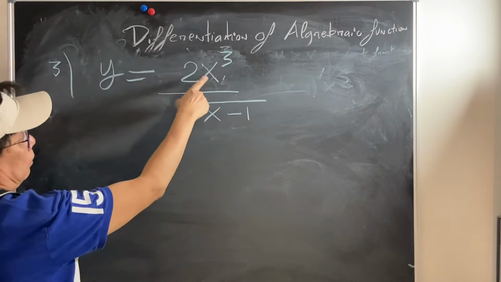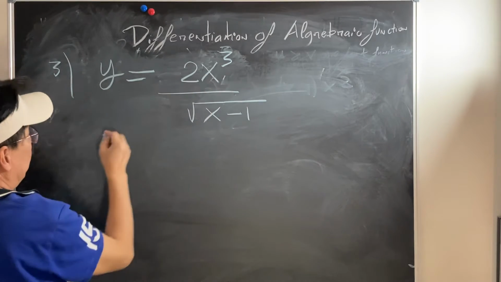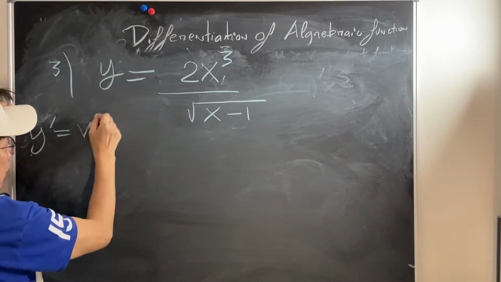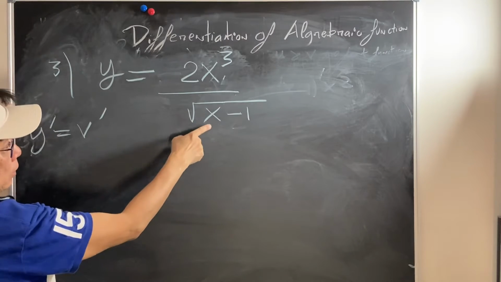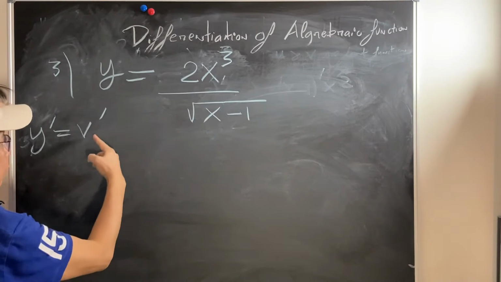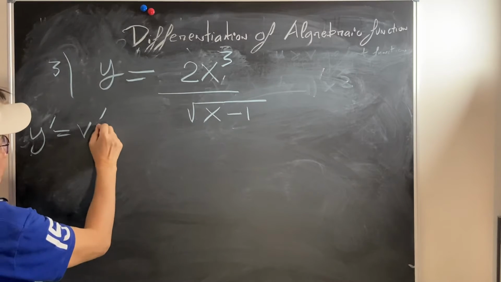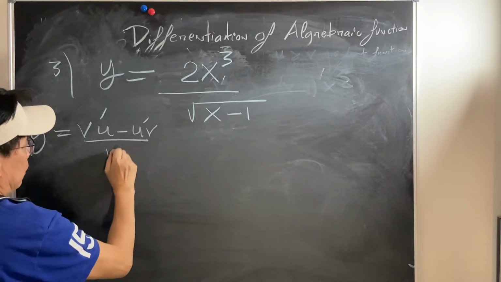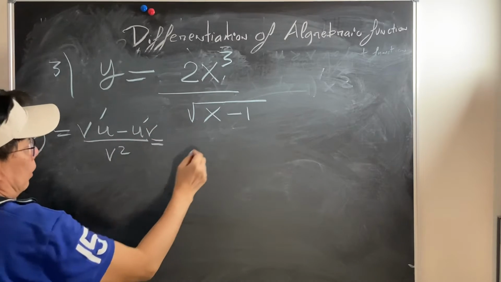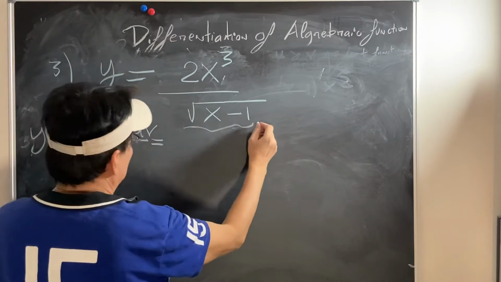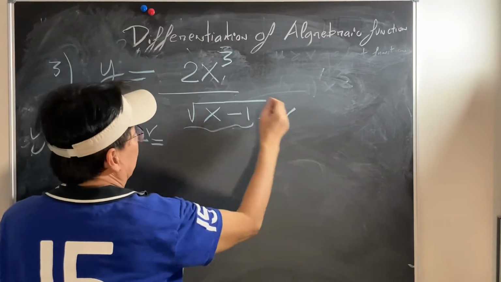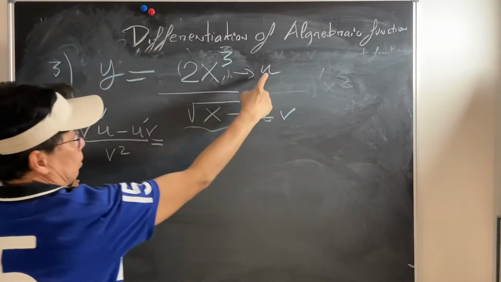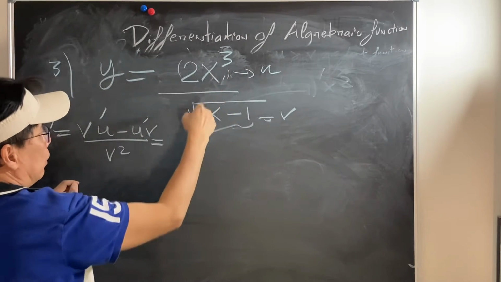We take the derivative; y prime will be equal to, let's write the formula here, v prime u minus u prime v over v squared. Here the square root of x minus 1 equals v and 2x cubed equals u.